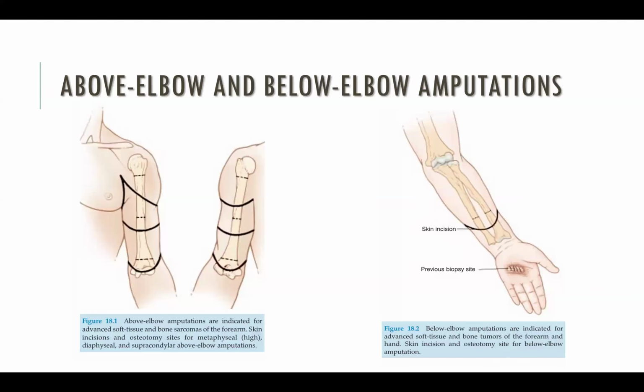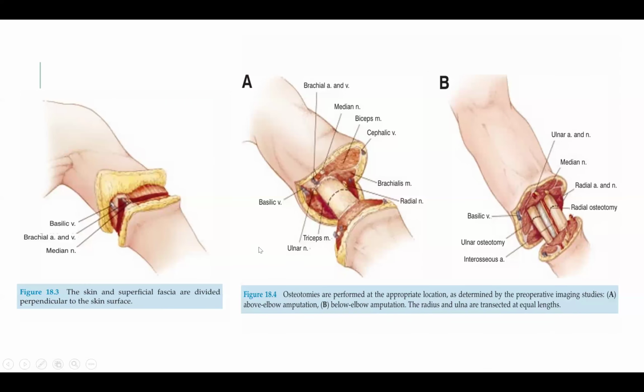Coming to elbow amputations. Here you can see the various levels of skin markings along with the intended osteotomy sites. First will be raising the skin flap by incising at the marked skin level.